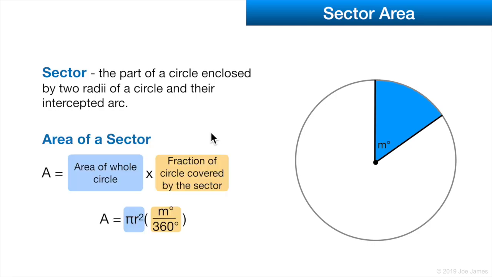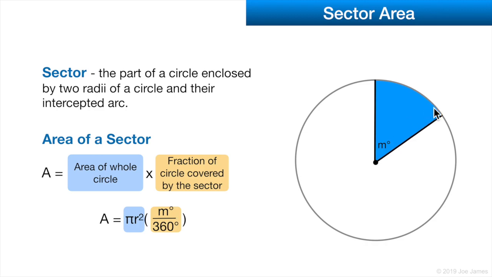Now, to calculate the area of a sector, we calculate first the area of the entire circle, which we know the formula for that is pi r squared, gives us the area of the circle using pi and the radius. And then we multiply that by the fraction of the circle that's covered by the sector. Well, how do we know what fraction of the circle is covered by the sector?